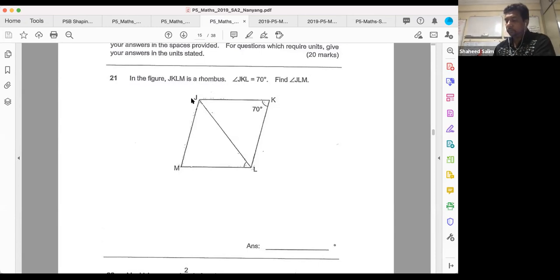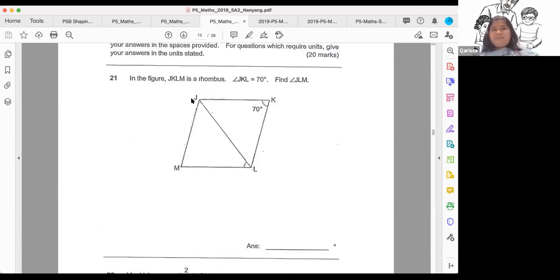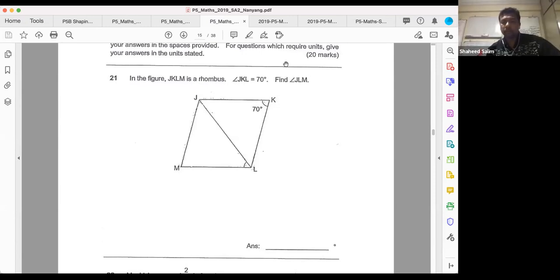Answer correct. All right, let us see here. No, cannot be too small. How come you get so small? Not correct. JLM. This one?